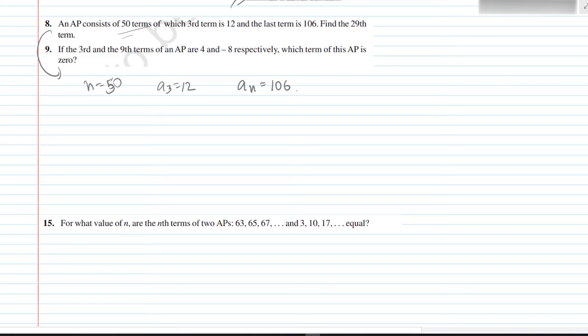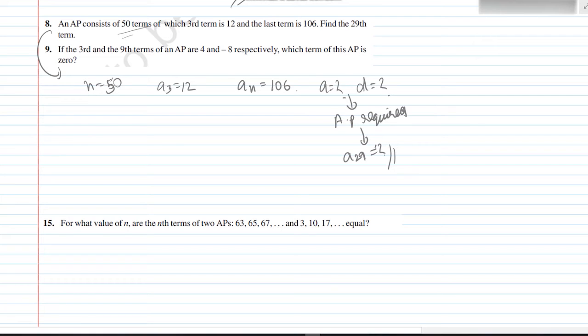So using this, find out the first term and the common difference, then write down the AP required, then find out the 29th term.